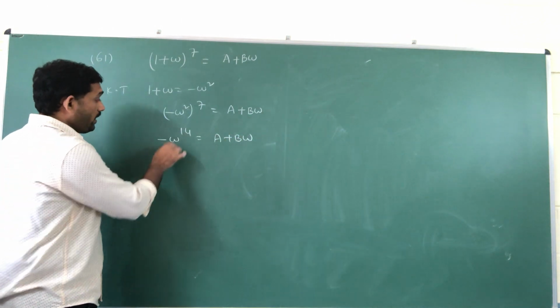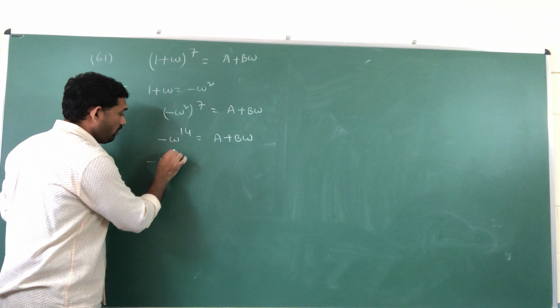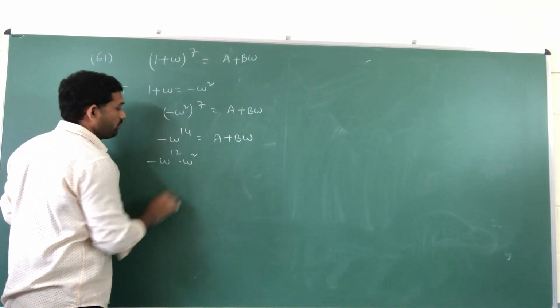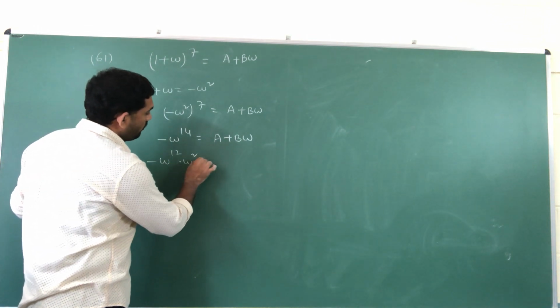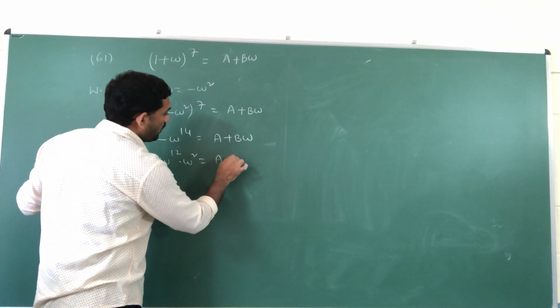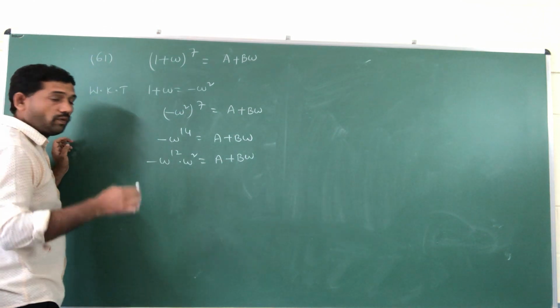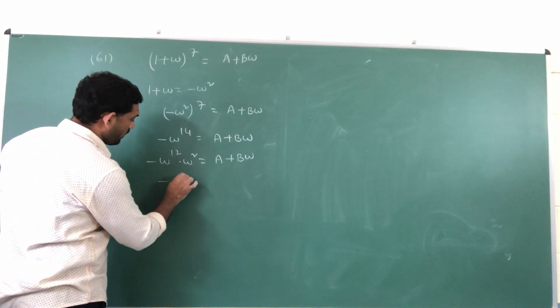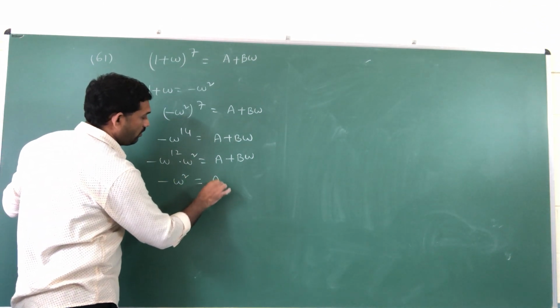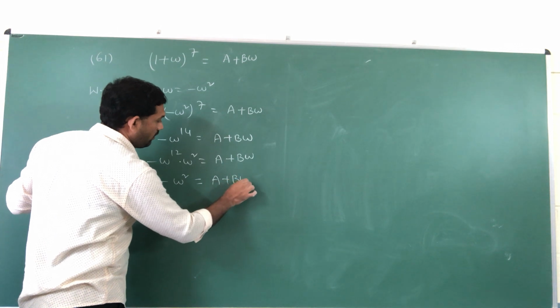Now omega^12 into omega square, so this value is a plus b omega. Omega^12 value is 1, so minus omega square is equal to a plus b omega.